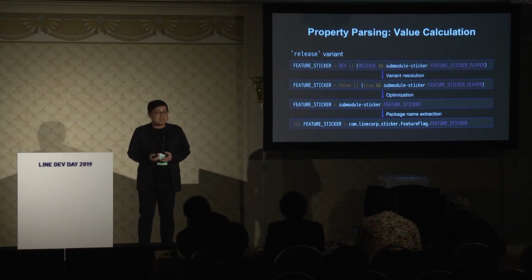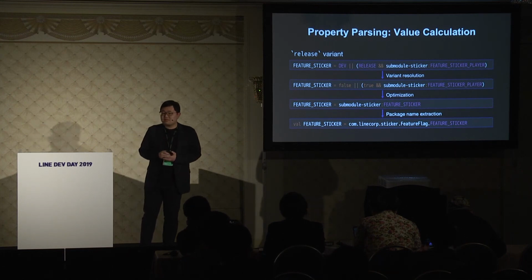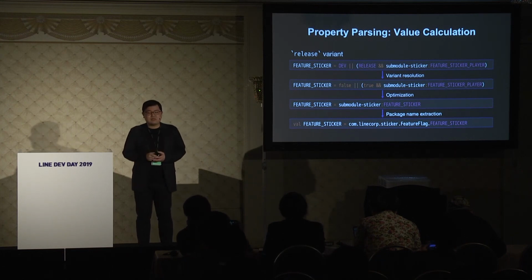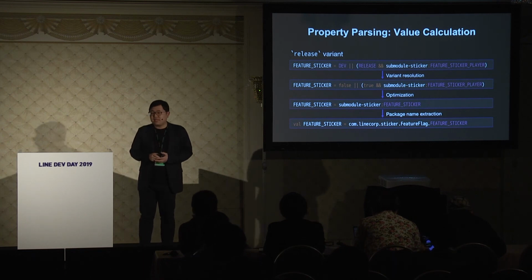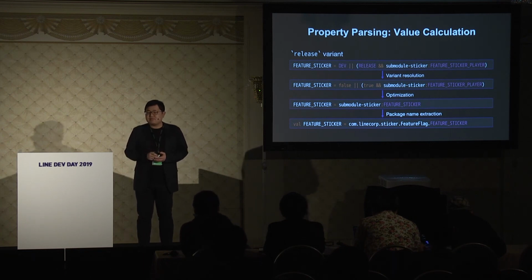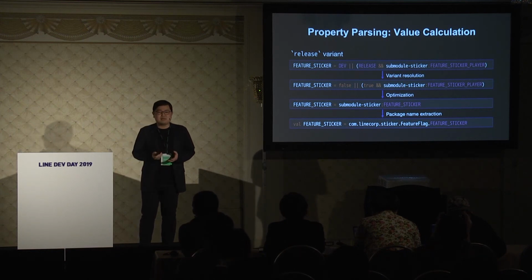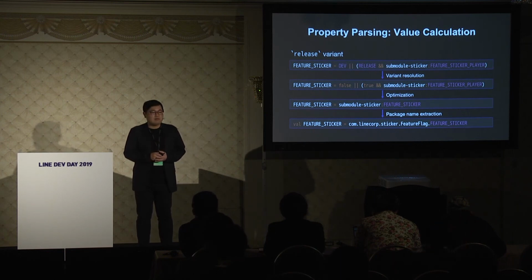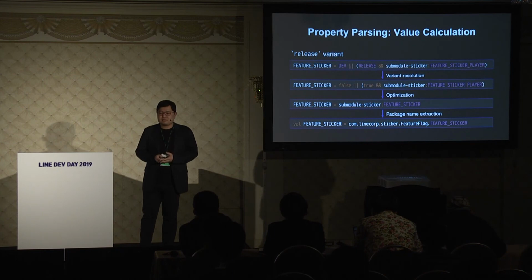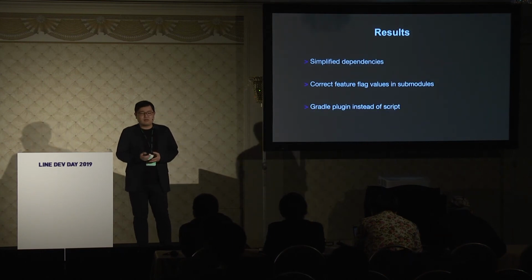So finally, the release variant would have the flag submodule sticker module feature sticker player flag, and that element would be referred to in the code. The submodule flag would become a certain value, but in this module you don't have to be aware of that, so the integration between the modules would be easier.